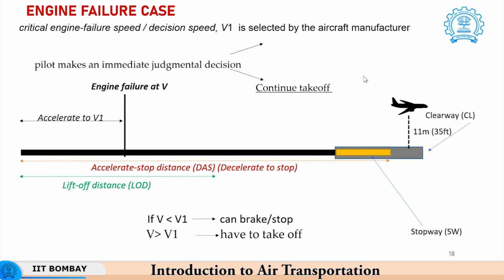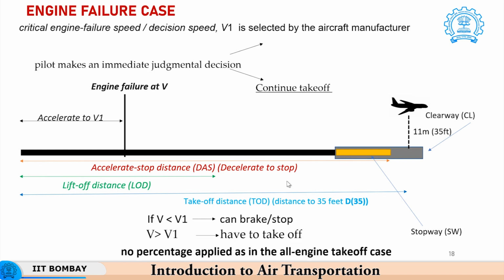So, the speed at which you will achieve lift off is going to be higher than the normal condition. In the climb also you will be climbing a little bit slowly, and therefore, you will be able to clear the obstacle height at some distance. That distance can be over the clearway. So, that is called D35, that is takeoff distance to 35 feet with one engine operational.